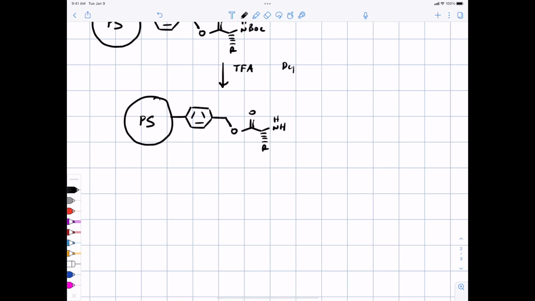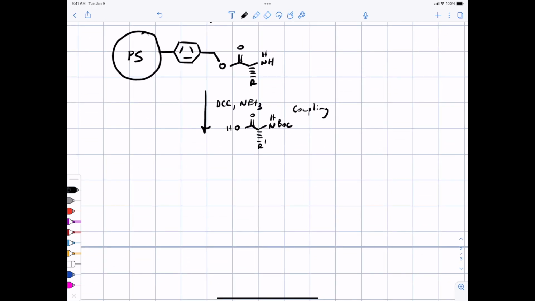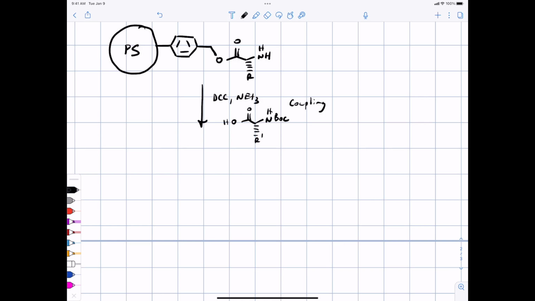So that's a deprotection step. And then in a second step, I can do a coupling reaction where I use DCC, triethylamine, and then my next amino acid, Boc protected so as to avoid the problems we've talked about before.